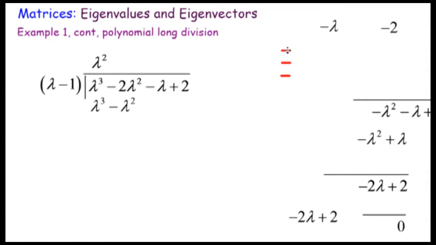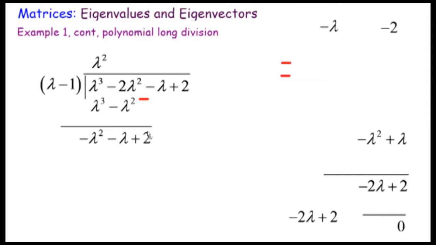Then we have to subtract, so we need to use one of these negative signs here. Now we can bring this term in. Now we need to subtract. Lambda cubed minus lambda cubed is 0, minus 2 lambda squared minus lambda squared is plus lambda squared, so it's actually minus lambda squared. We bring these terms down.